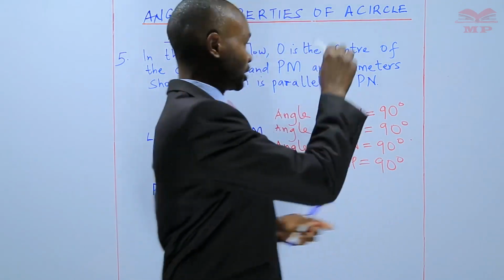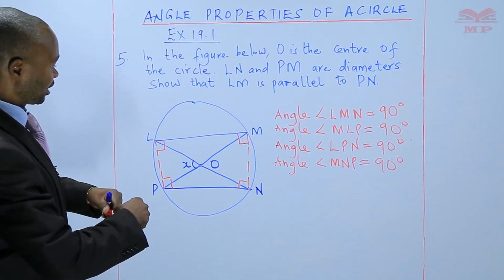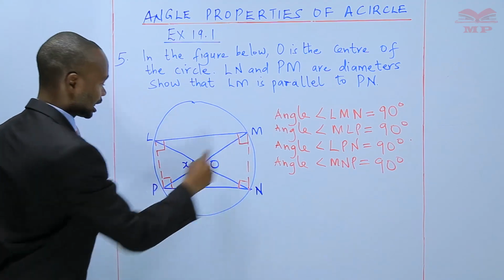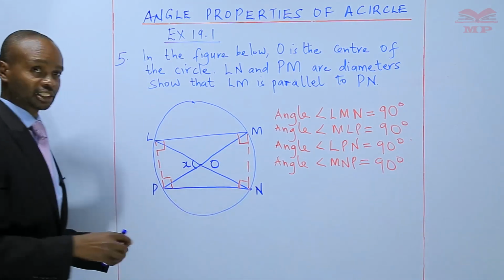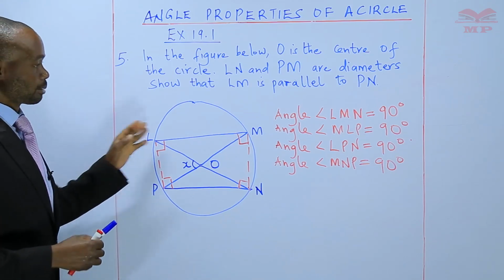So we'll go back to the diagram and see, does that happen? We have lines LM and PN, which are the lines in question, which we have to prove are parallel.